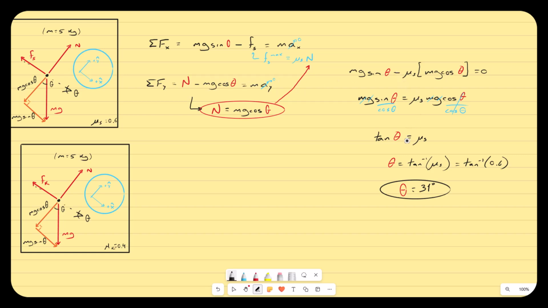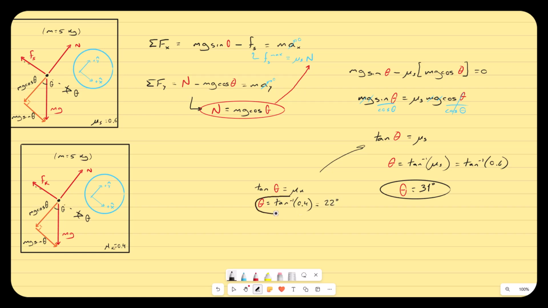There's nothing that changes when I put it together. Really, the only thing that's changing comes right here. Instead of looking at a static case, I'm now looking at a kinetic case. So my angle, instead of being the inverse tangent of 0.6, is now the inverse tangent of 0.4, and that is about 22 degrees.